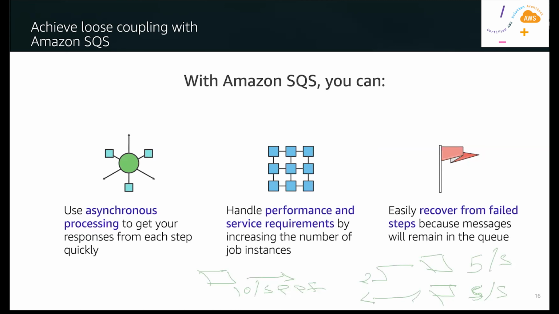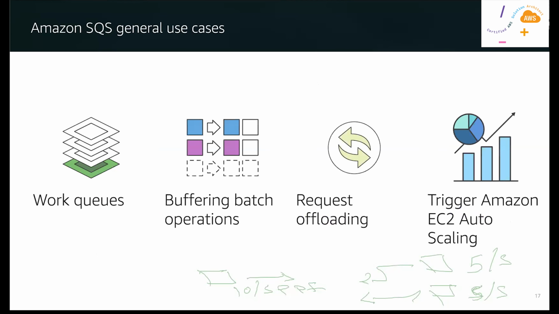And this is what we refer to, guys, as horizontal scalability, where you multiply the number of machines to process those files. Also, with loose coupling, with Amazon SQS you can have easy recoverability from failed steps because the messages will remain in the queue until they are processed.